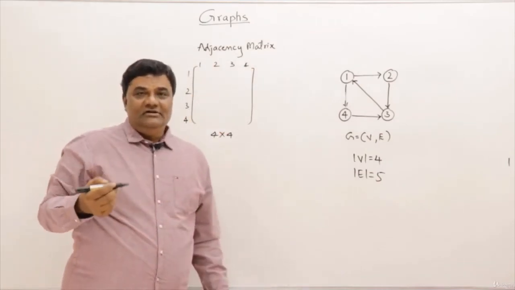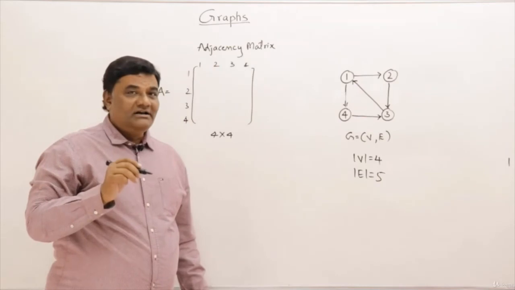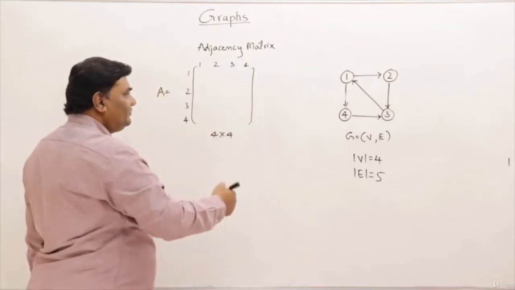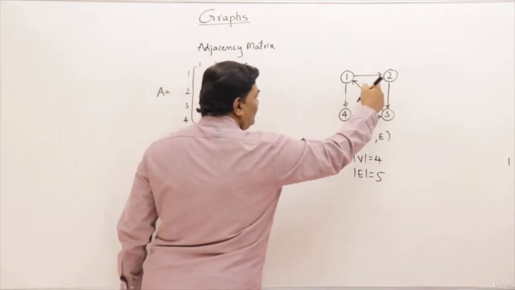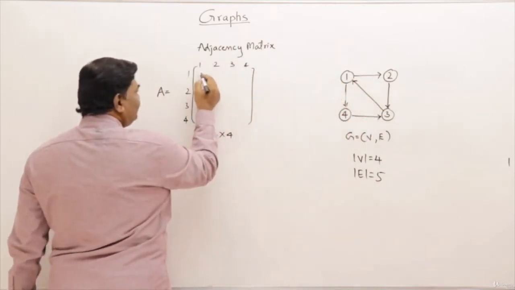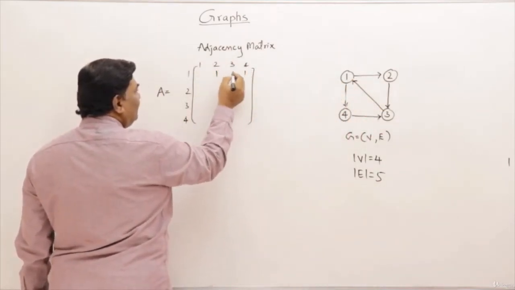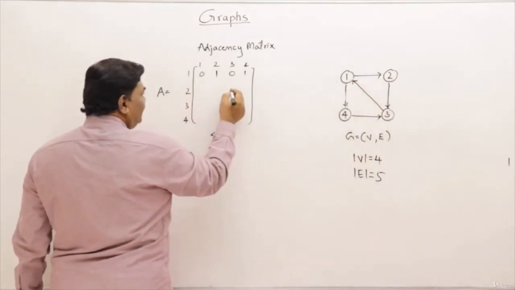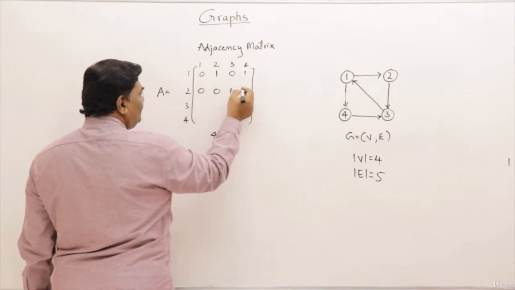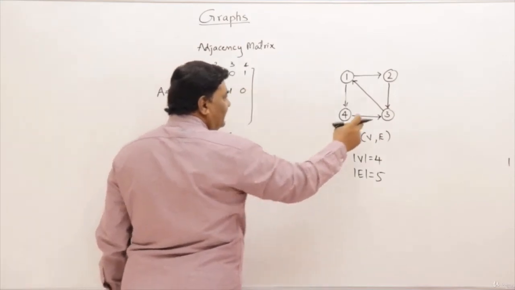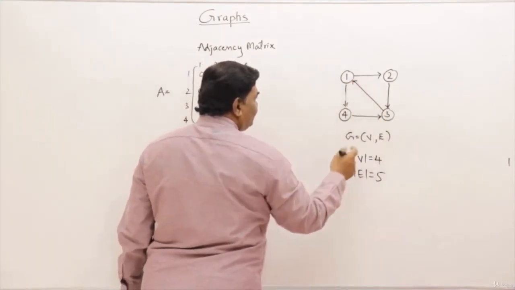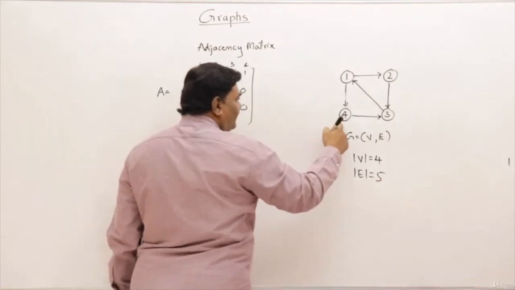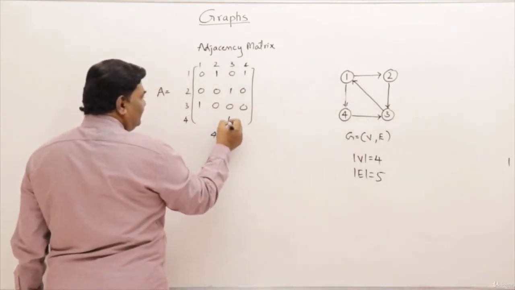Now just like for a non-directed graph, here also we have to mark the value 1 wherever there is an edge. So let us quickly do that. 1 to 2 and 1 to 4, there are edges. Remaining are zeros. Then 2 to 3, there is only one edge, and 2 to 1, 2 to 2, 2 to 4, there are no edges. 3 to 1, there is an edge, and the remaining are all zeros. 4 to 3, there is an edge.